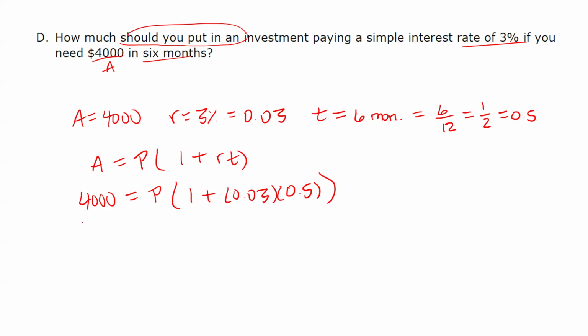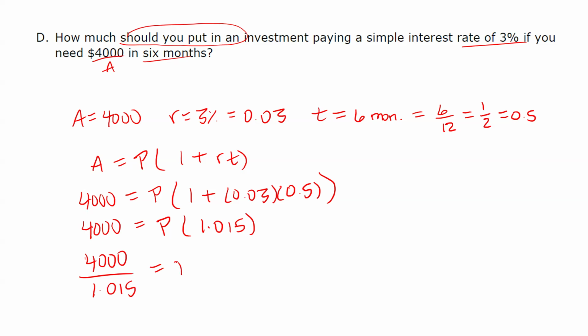We can simplify what's in the parentheses. So this would be 1.015. Now we can divide both sides by 1.015 because that would get P by itself.